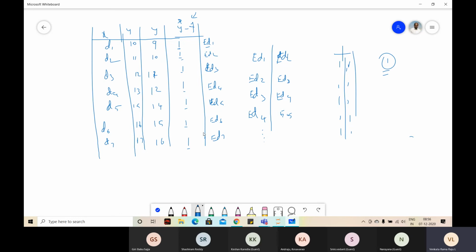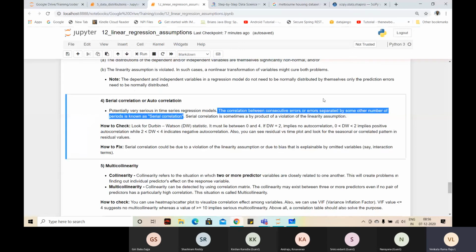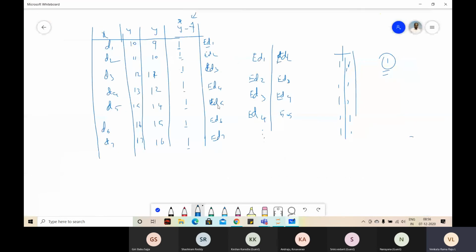This is consecutive error terms, whatever I showed you, but you can take a number of periods. Number of periods means between first error and the fourth error, second error and the fifth error, third error and the sixth error. Then your new serial correlation test data will look like this: ED1 and ED4, ED2 and ED5, ED3 and ED6, like that.